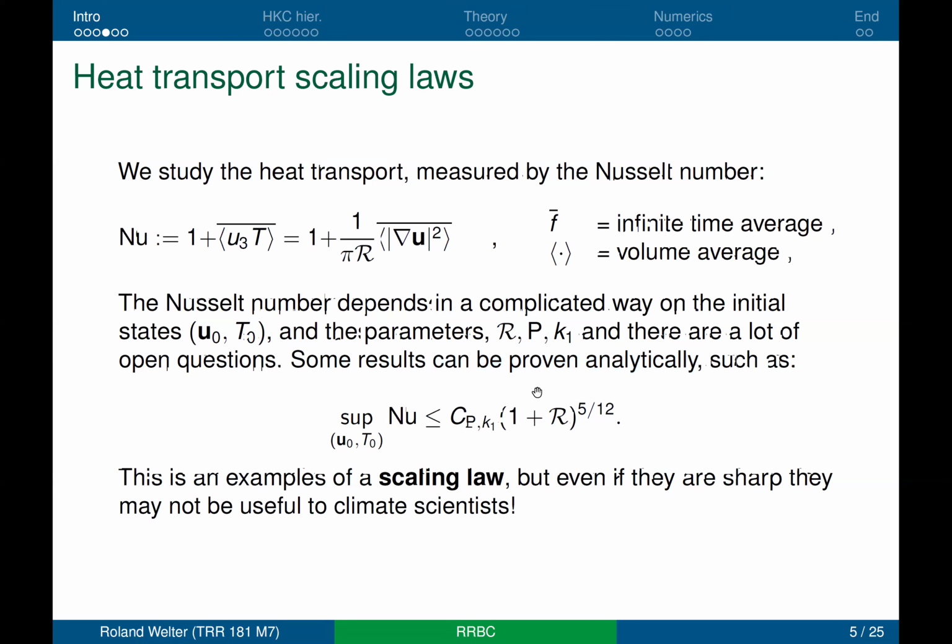One such result that exists is an upper bound, which says that the supremum of the Nusselt number taken over all possible initial conditions scales with the Rayleigh number as a 5/12 power.